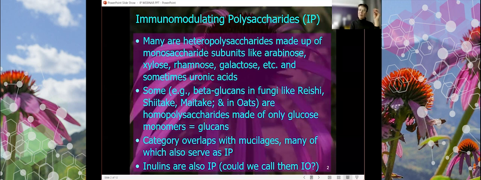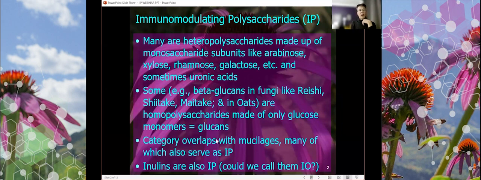So they're called homopolysaccharides, which is interesting, right? Instead of a bunch of different simple sugars, they're made up only of glucose bonded together in special ways, which gives them their activity. Another word for the beta glucans in general is glucans, because there are a few different kinds of glucans. But beta glucans is the way most people refer to those.